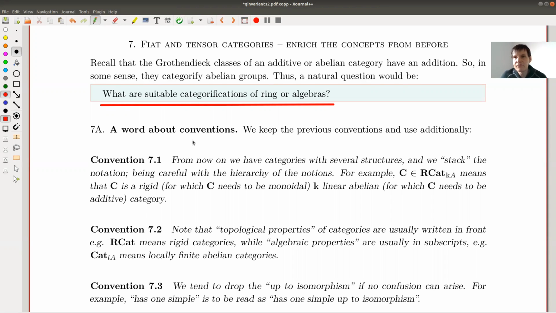And there are natural categorifications of modules or vector spaces, which are linear categories or additive categories or abelian categories. And so they categorify abelian groups, right?